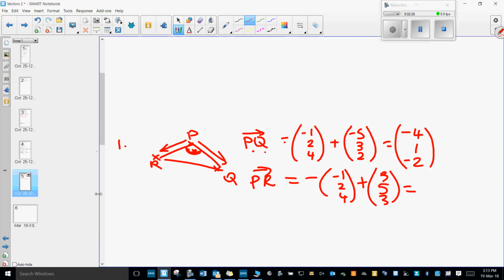So negative 1 plus 3 is 4, negative 2 plus 5, and negative 4 plus 3. Lovely. We now have our two vectors. So essentially this is A and this is B, if we're going to use that formula. The formula is cos theta equals A dot B over mod A times mod B.